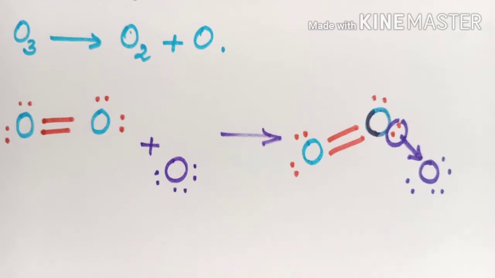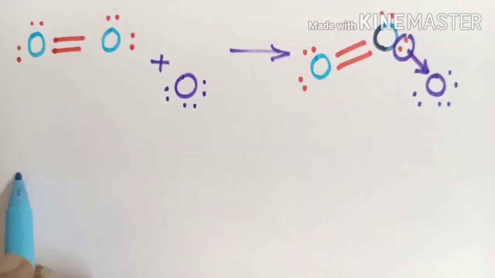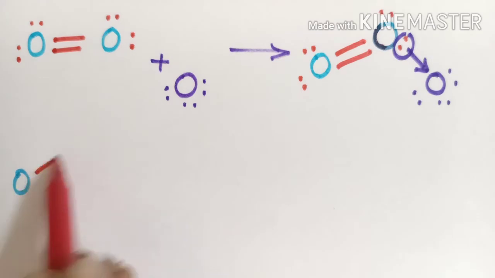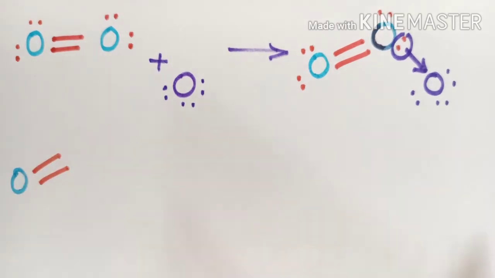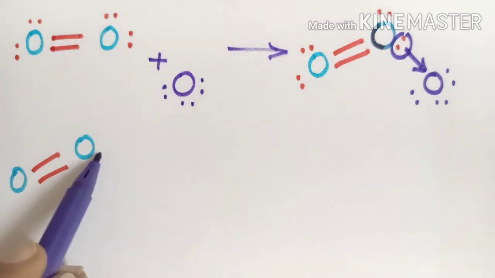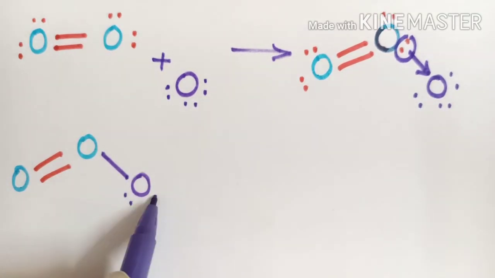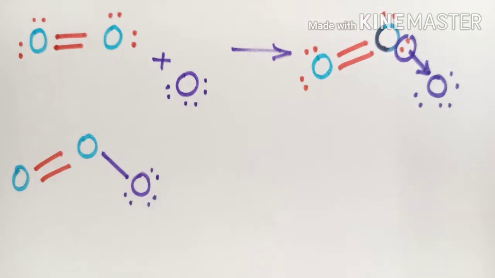I'll write on the second line: O double bond O. When the coordinate bond is converted to a single bond, you get O with 3 pairs of electrons.